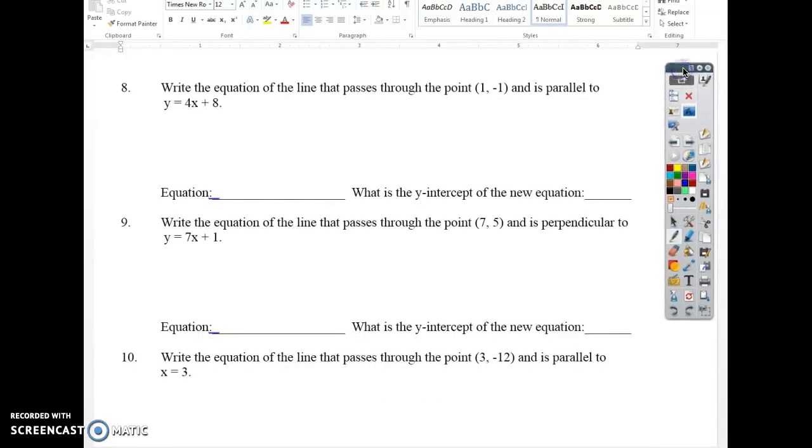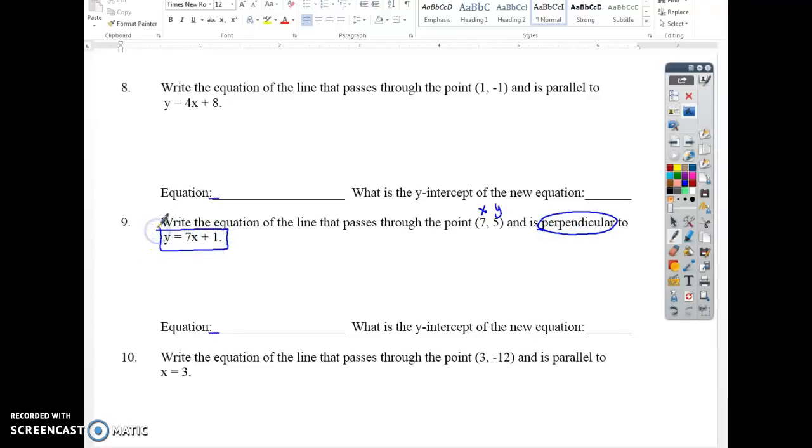These are like the ones that you had homework on last week, where they give you a point, x and y, and they give you a slope. It says, write the equation of the line that passes through this point and is perpendicular to this equation.